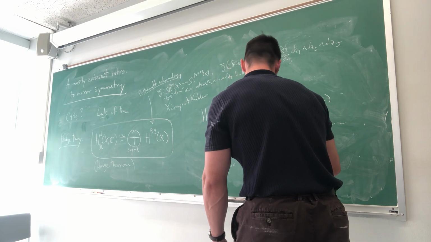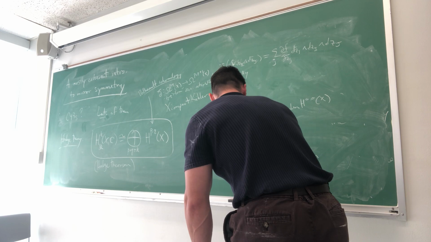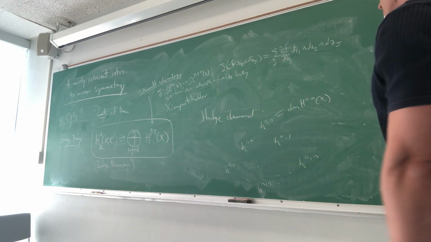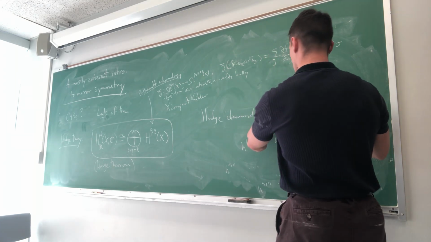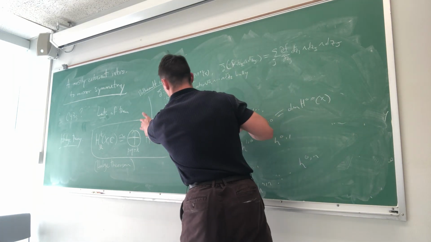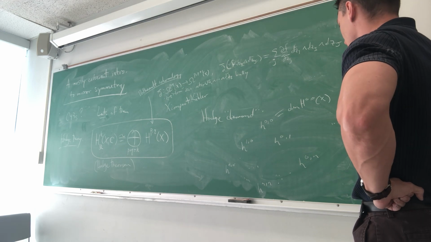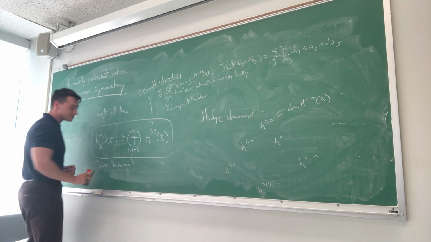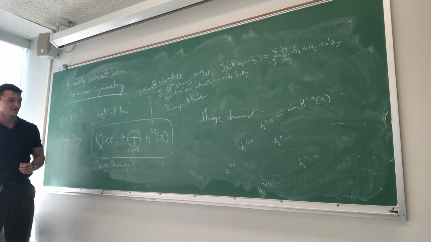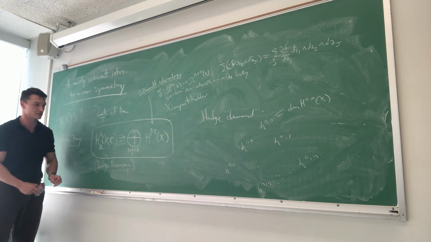So this is h^{0,n} all the way down to h^{n,n}. And this is the dimension of h^{0,0}, the dimension of h^{1,0}, and so on. And the point is that this bunch of integers tells us more than just looking at X as a smooth manifold.